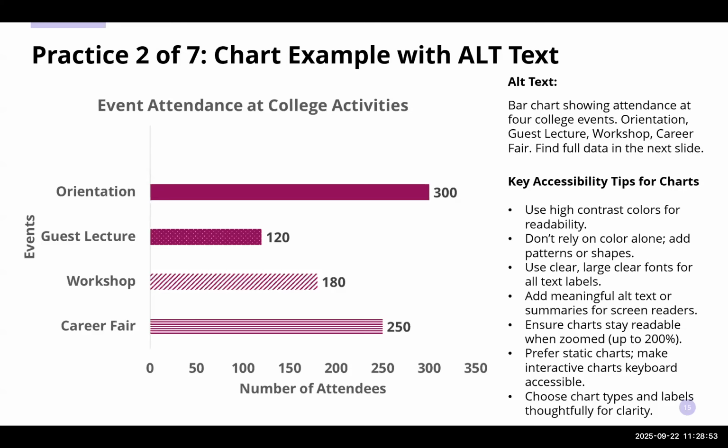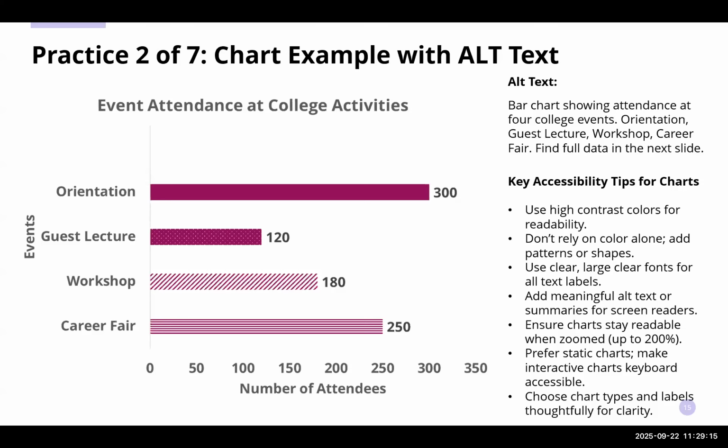Ensure the chart can be zoomed in without losing clarity or cutting off labels. So people using assistive technology use multiple tools to zoom in their content to 200% or above. So it should not lose any data when zoomed. Prefer static charts when possible.